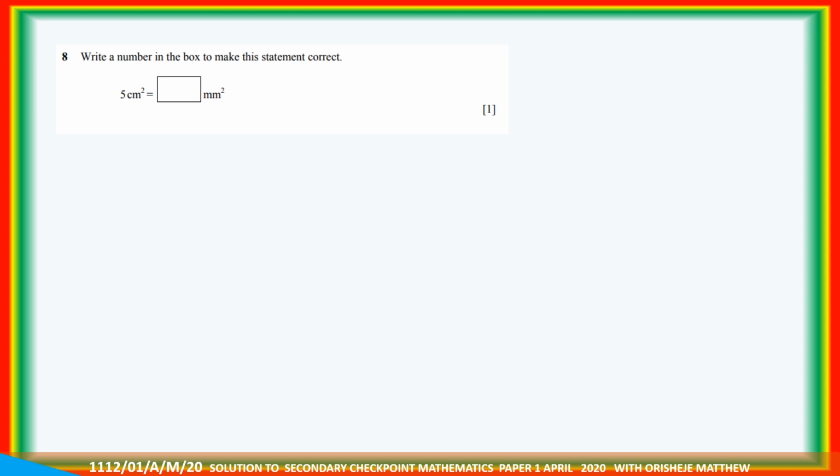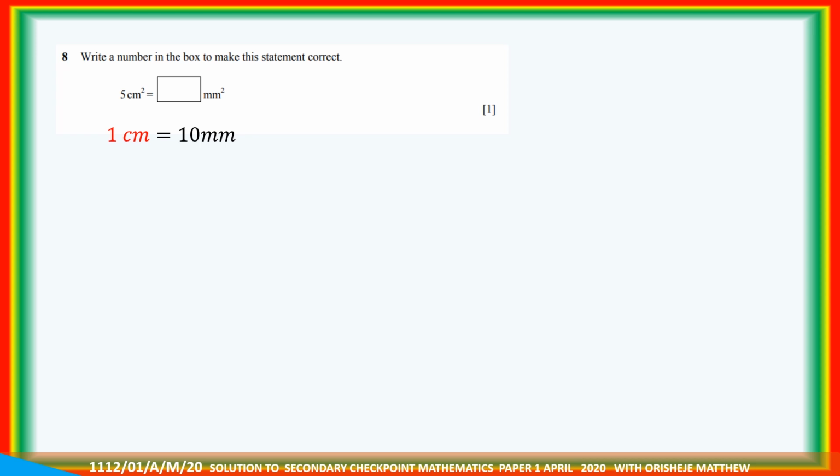Write a number in the box to make this statement correct. Convert 5 cm square to millimeter square. So what we are going to do, this is linear measure. Rewrite 5 cm square in this way. You know that 1 cm is equivalent to 10 millimeter, because 10 millimeter make 1 centimeter.